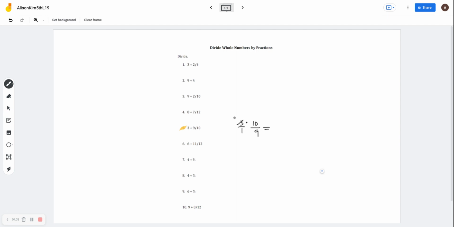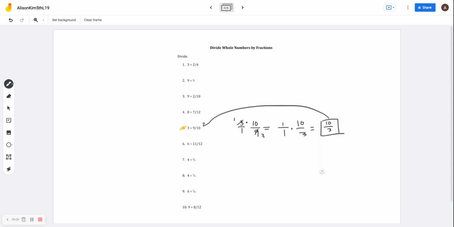So 3 turns into 1, and 9 turns into 3. So your new equation will be 1 over 1 times 10 over 3. And then from here, we will just multiply across. So it's 1 times 10, which is 10, and then 1 times 3, which is 3. So your answer will be 10 over 3.